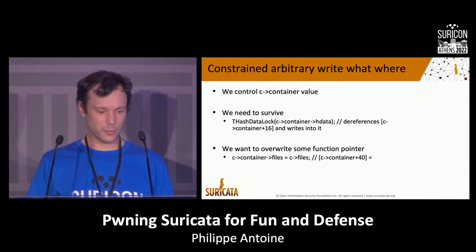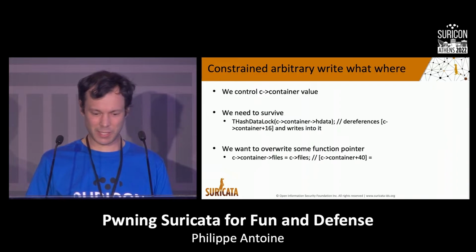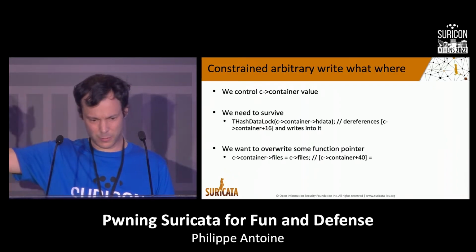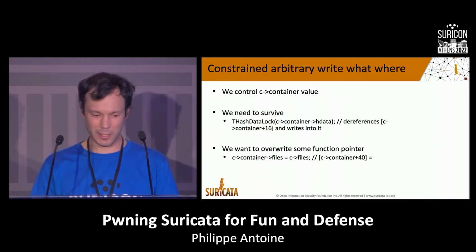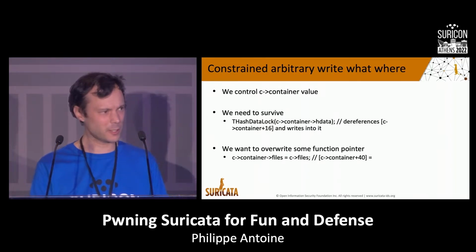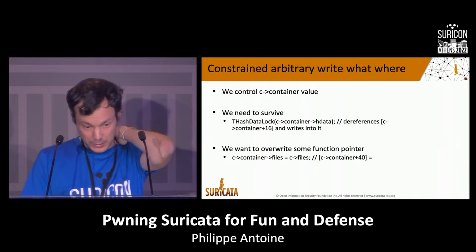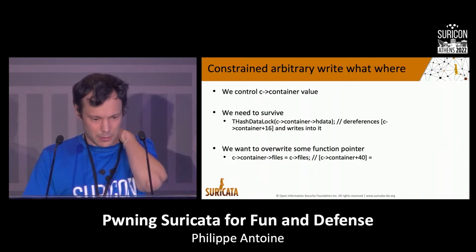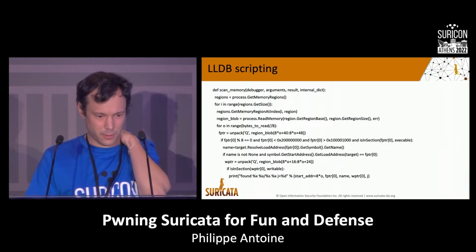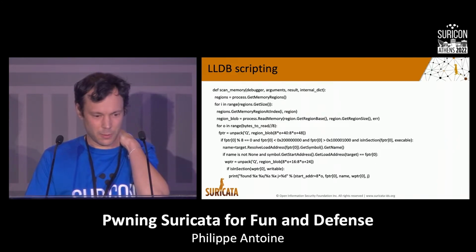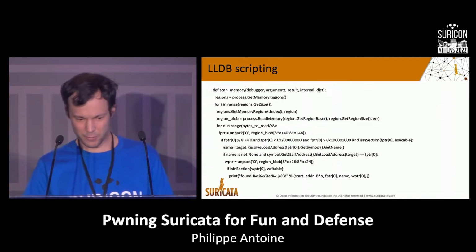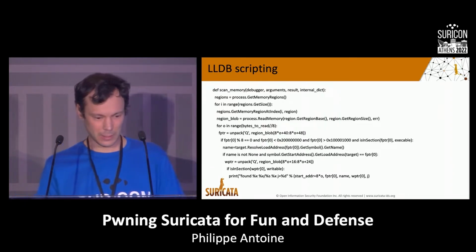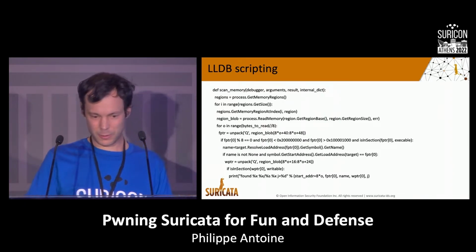So I need to survive something that dereferences some memory and writes into it before being able to overwrite some function pointer. And so I discovered LLDB scripting. So LLDB is the LLVM debugger, and you can have Python to do whatever you want. And so that's what I did.